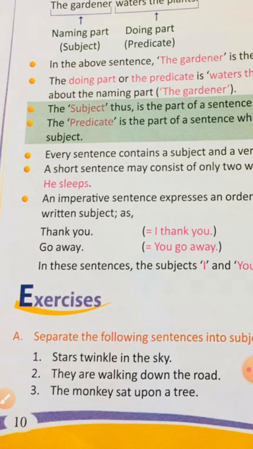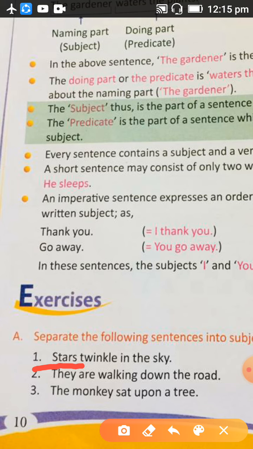What twinkles in the sky? Stars. So stars is the subject and the remaining part, twinkle in the sky, is the predicate. There are 5 sentences in exercise A, and after that there are separate blanks for subject and predicate. Now I am telling you and you have to write by your own.